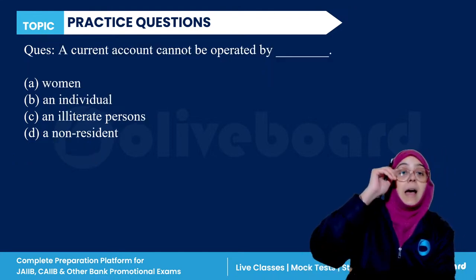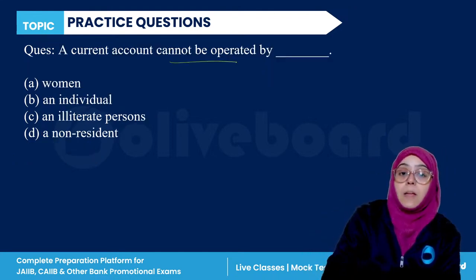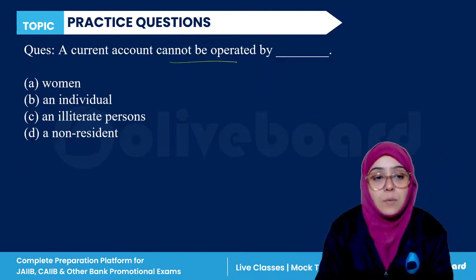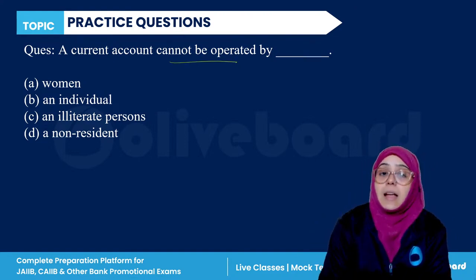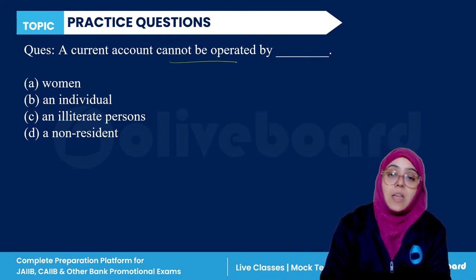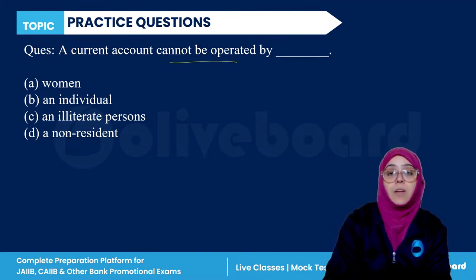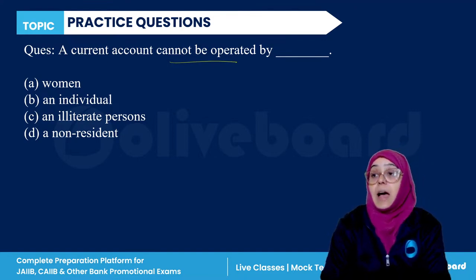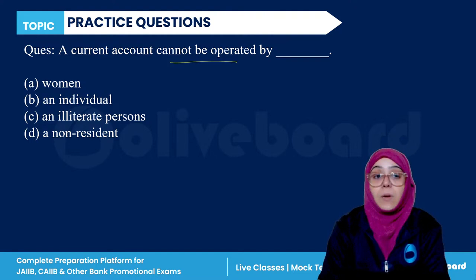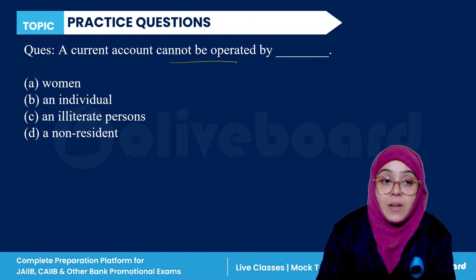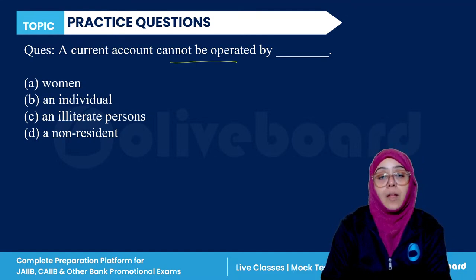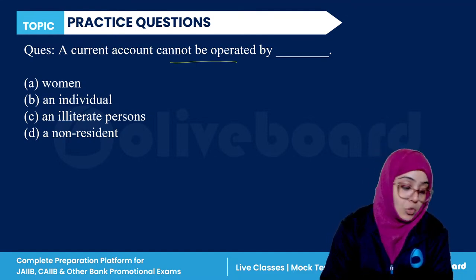Okay. A current account cannot be operated by a woman, individual, illiterate person, or non-resident. A current account cannot be operated by whom? Everyone, please answer this question.